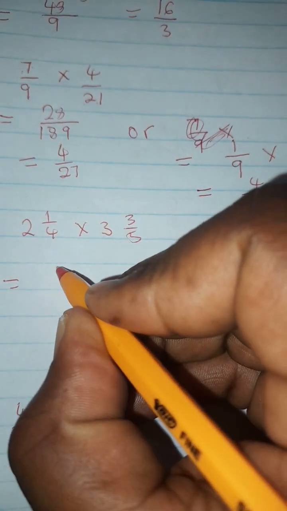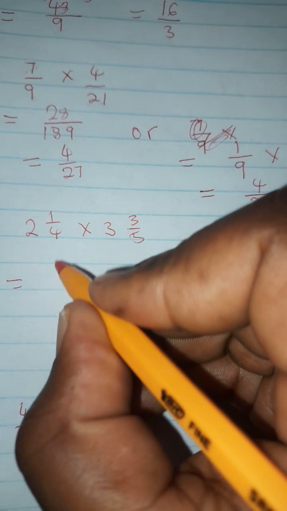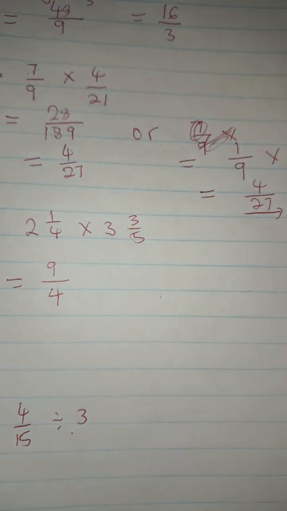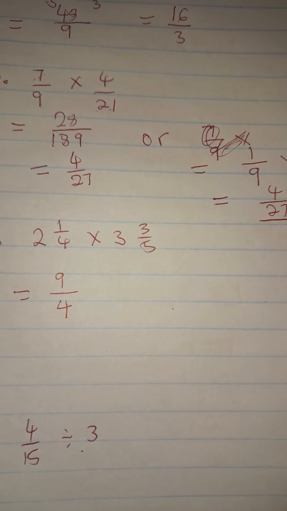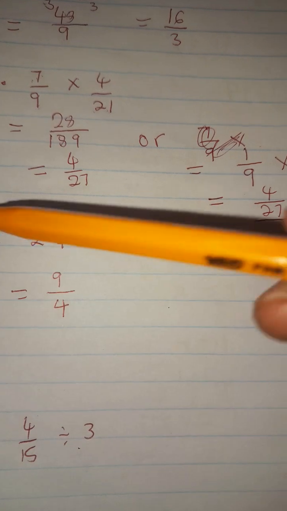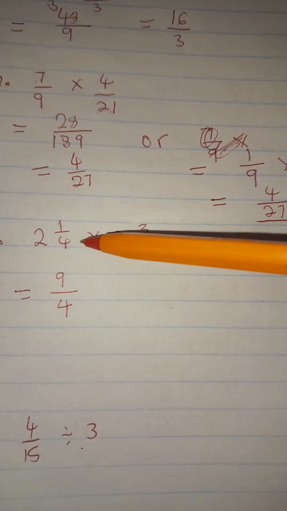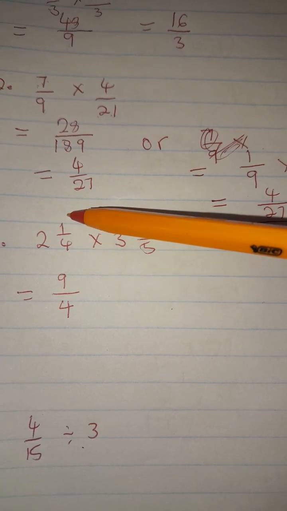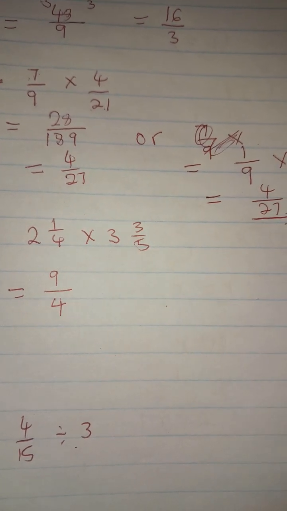What is 2 times 4? That is 8. Plus 1, that's 9. So we have 9 over 4. The denominator remains the same. You only multiply the whole number and the denominator, so 2 times 4 is 8, plus 1 is 9. So you're going to have 9 over 4.